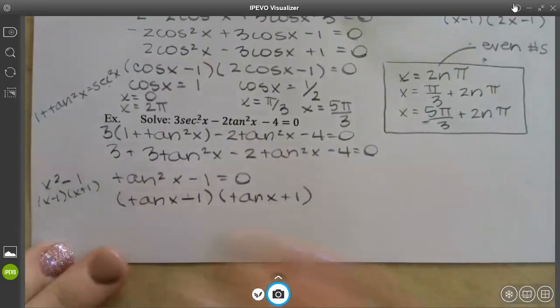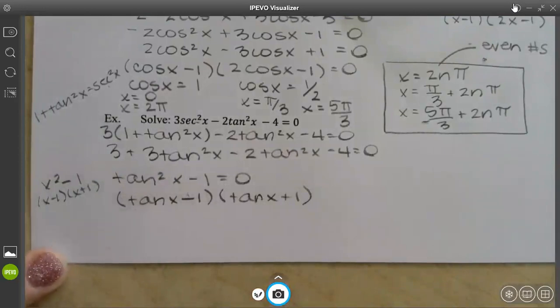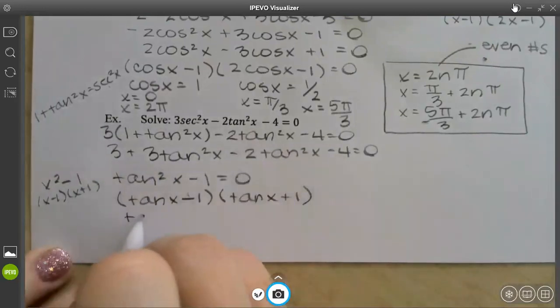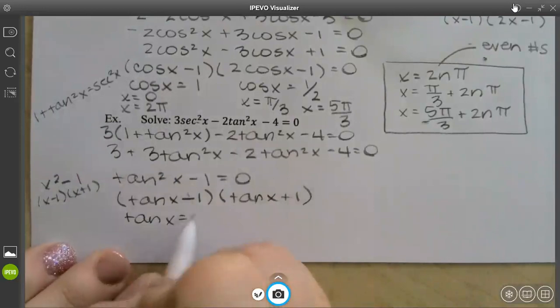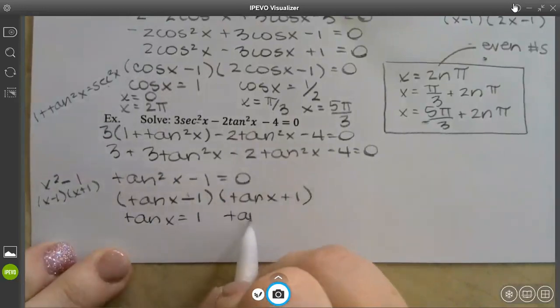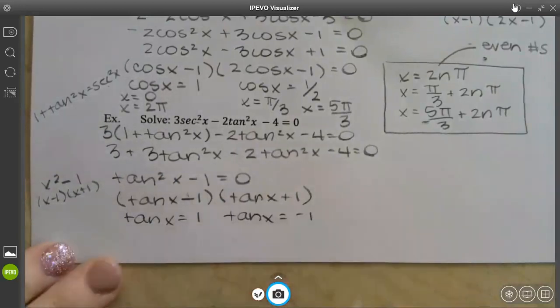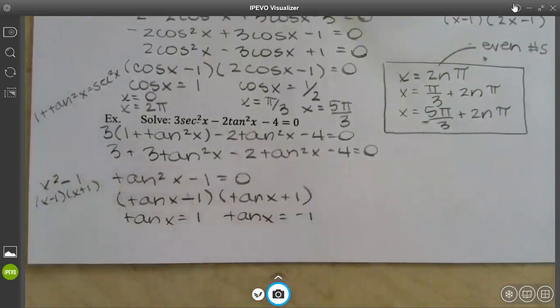All this is doing is splitting it up. You could do it the other way and it's perfectly fine. This means that tan x is going to equal a +1 and a -1. If you take the square root, how many answers do you have? So the square root of 1 is 1 and -1. All I did was split it up. You could do it the other way, retake the square root, it's fine. I just wanted you to see both of them separately.